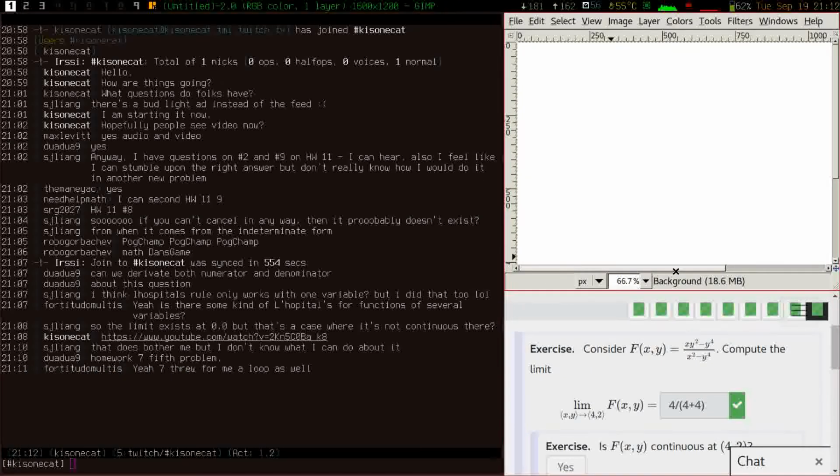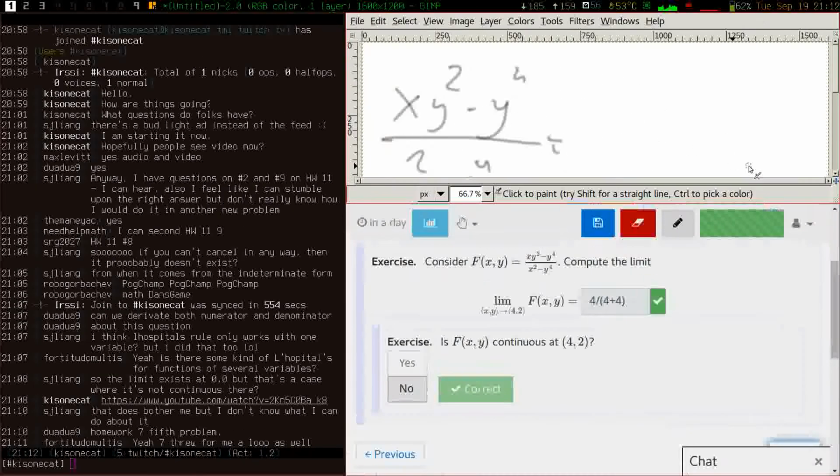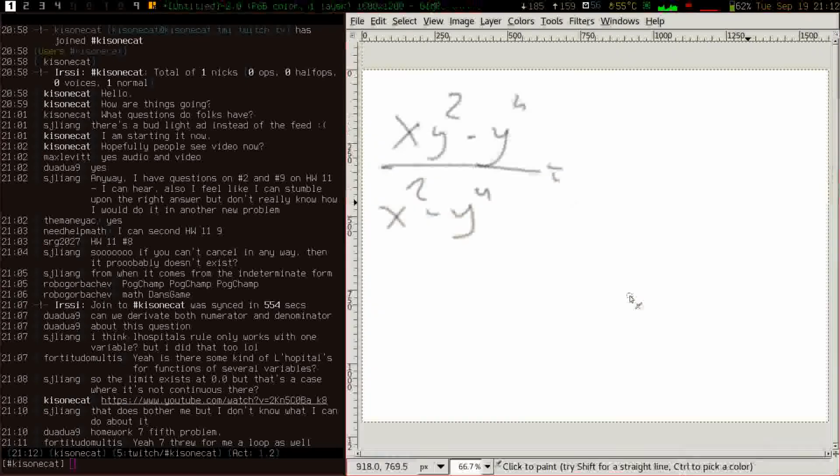I can factor that, and when I factor that, I'll write y squared on the top times x minus y squared.